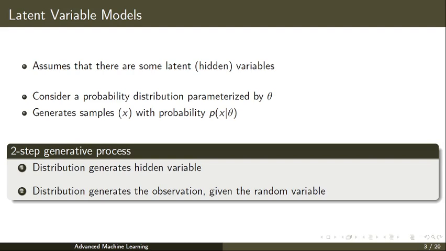So a probability distribution with parameter theta. For example, in the case of a Gaussian distribution, this theta corresponds to a mu and a sigma. So you can generate samples with probability of x given theta, x given the corresponding mu and sigma.